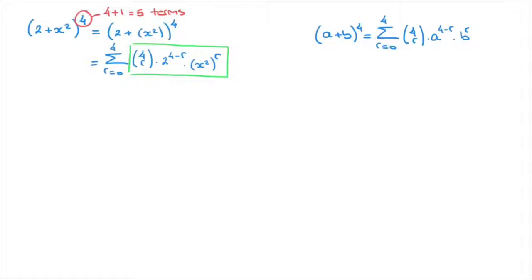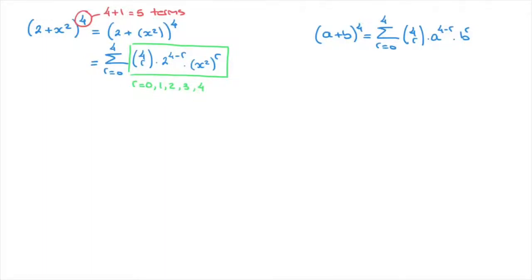And to find each of the terms, we need to rewrite this expression that I've boxed in green, successively replacing r by all the values between 0 all the way up to 4. In other words, we need to rewrite this expression for r equals 0, 1, 2, 3 and 4. And we can see there that that will lead us to having 5 terms.